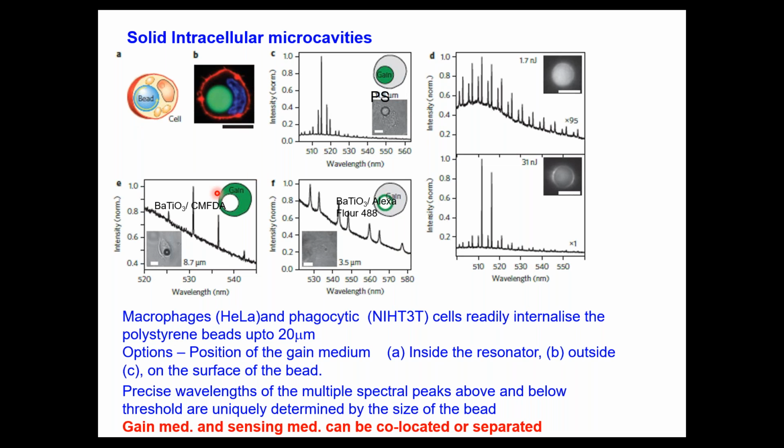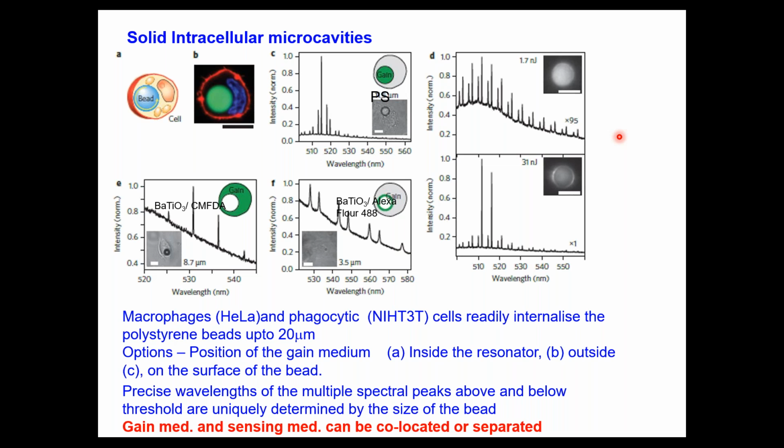So the cells can, by endocytosis, internalize such microcavities, and when we shine light, it can act as a laser, and these laser frequencies can be monitored from outside, and in that way you can label a number of cells using different sized microspheres, and spheres which are doped with different kinds of fluorescent materials. That means if one fluorescent material is emitting in the green, the other one can be emitting in the blue or in the orange.